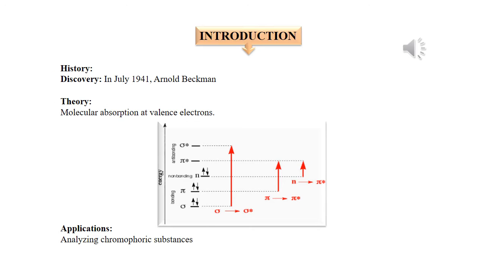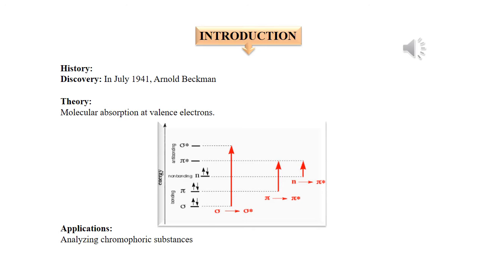Sigma star indicates sigma electrons at the excited state. Pi star indicates pi electrons at the excited state. Likewise, n non-bonding electrons also will move to pi star, the excited state, and its energy level is depicted here. It is the actual principle or theory behind UV visible spectroscopy, that is electronic transitions.